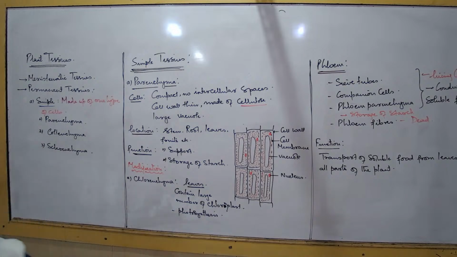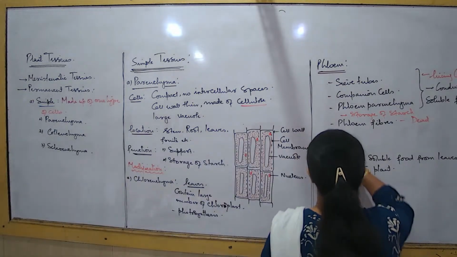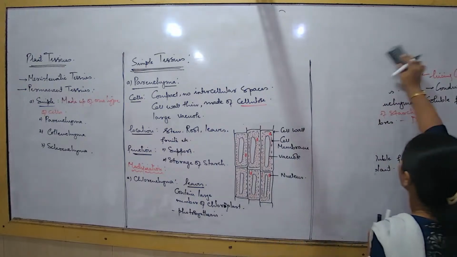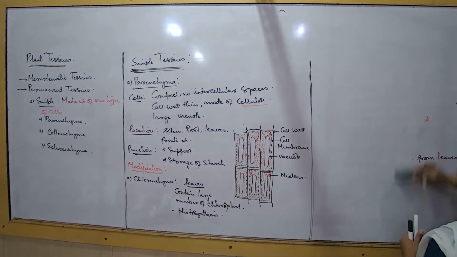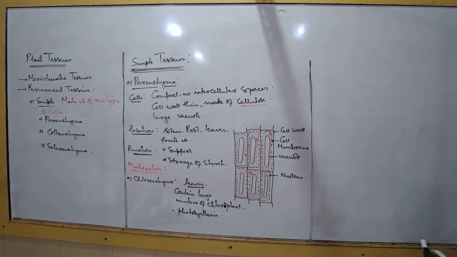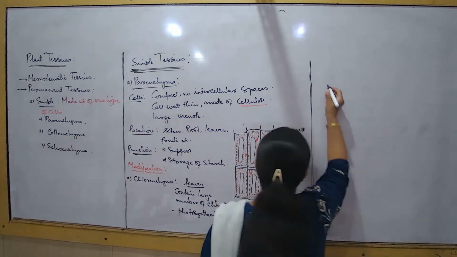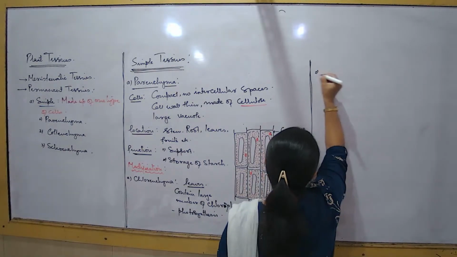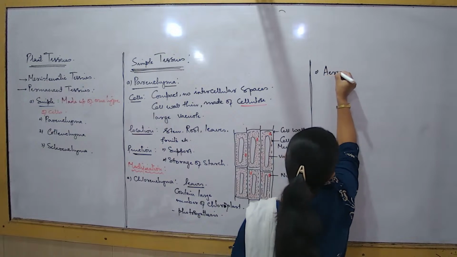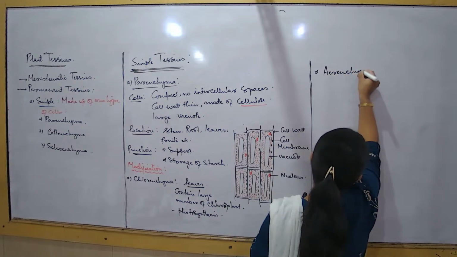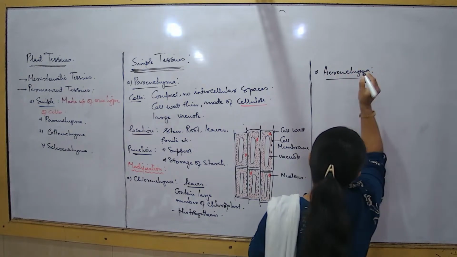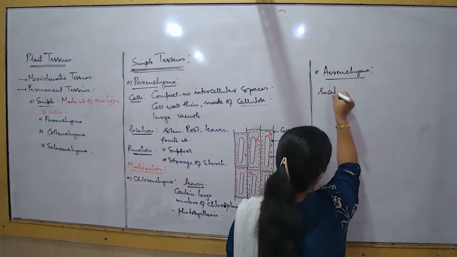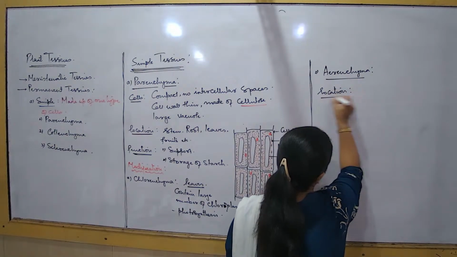When we talk about the modification of parenchyma, there is one more modification to understand. What is the other modification? The other modification is aerenchyma. Where are they present?